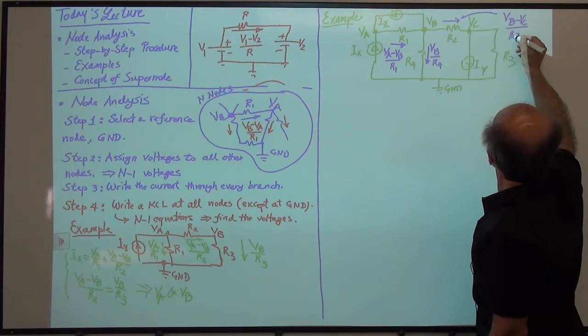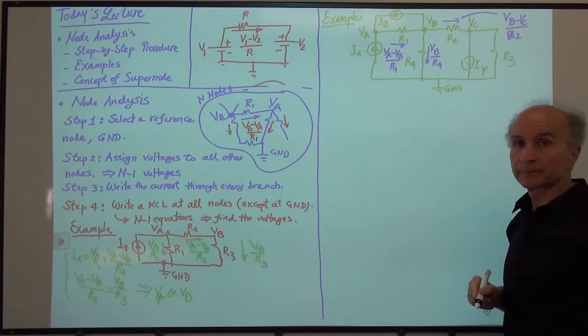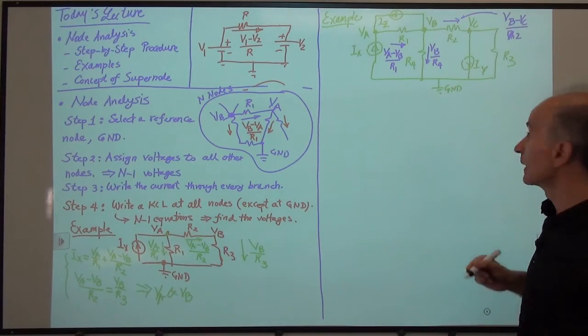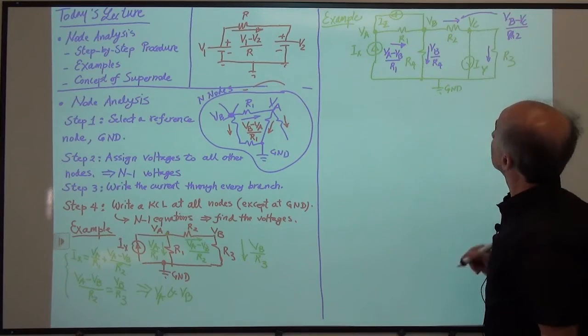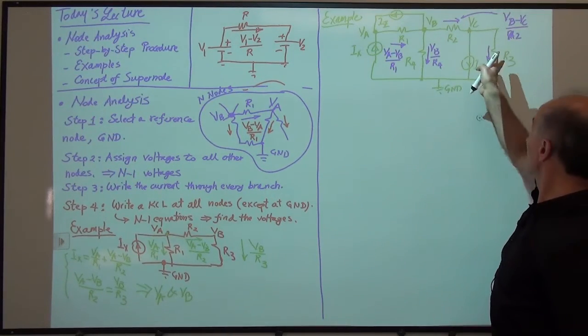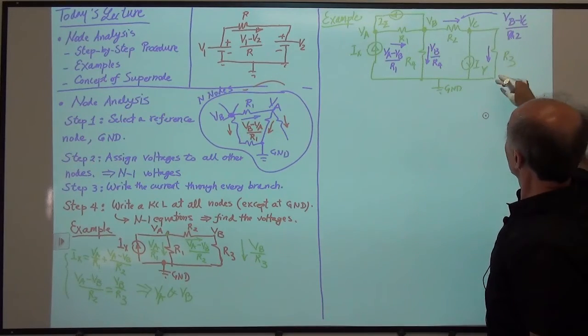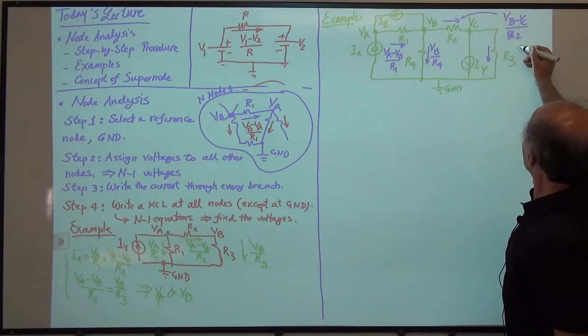That's the current through R2 going from left to right. And finally, the current through R3, this current here. How much is this current? Well, this voltage minus this voltage divided by R3. If you rotate by 90 degrees, it's voltage on the left minus voltage on the right divided by the resistor. So that would be VC over R3.